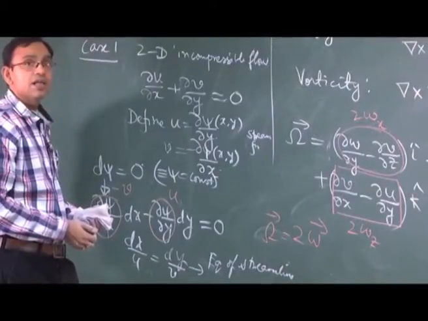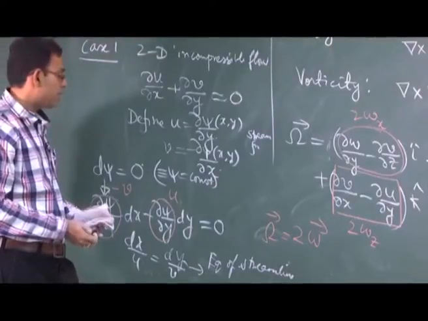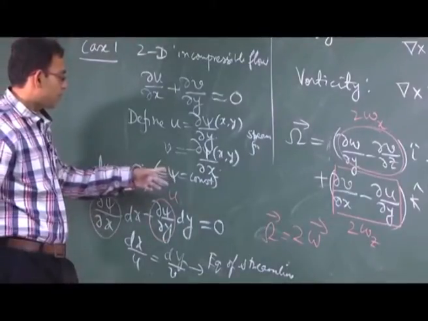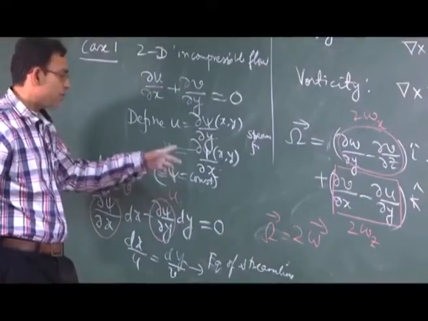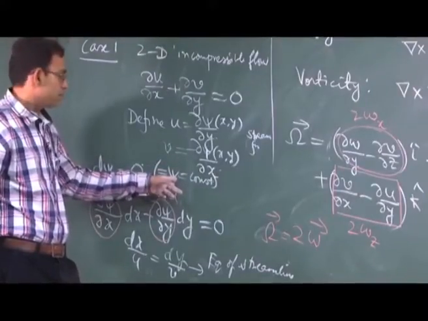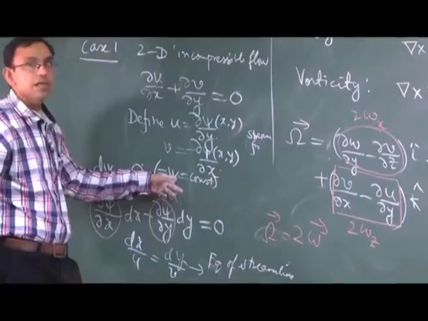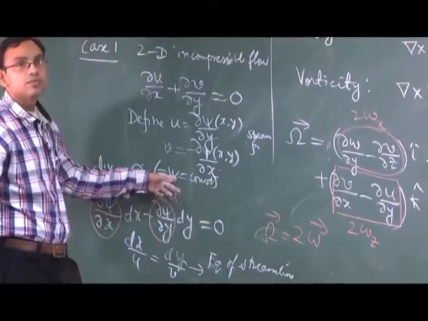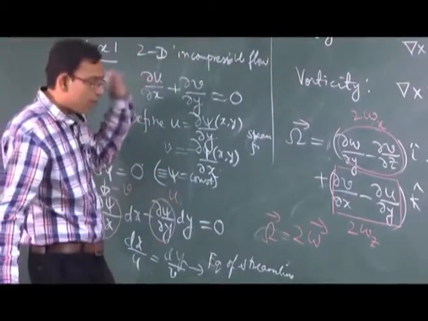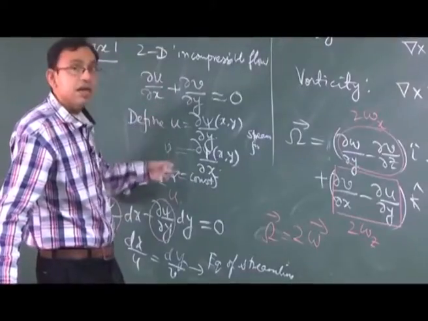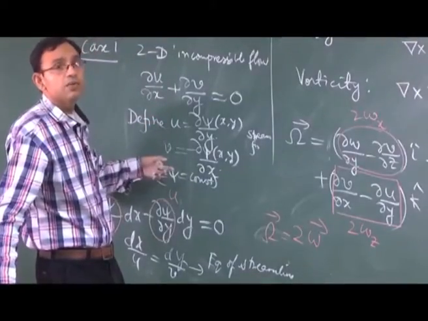And we have just seen that for a streamline you have psi equal to constant. So, psi equal to constant essentially represents a streamline. But you have to remember one thing, this analogy is there only for two dimensional incompressible flow.